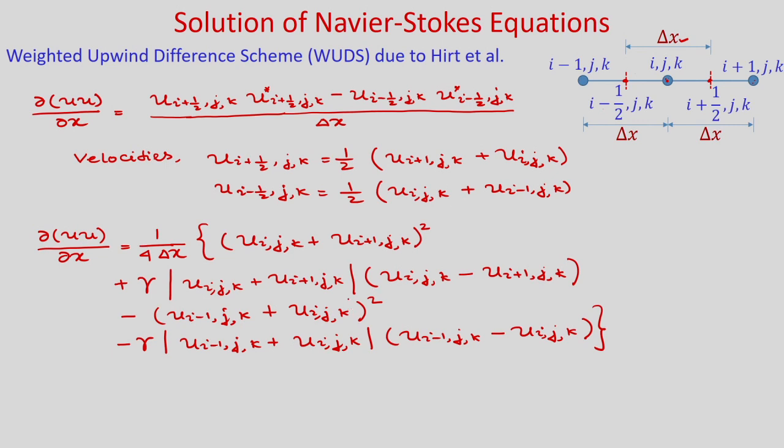So, for gamma equal to 0 you will get the central difference method. This is your convection scheme, and if you put gamma equal to 1, you will get the first order upwind scheme.